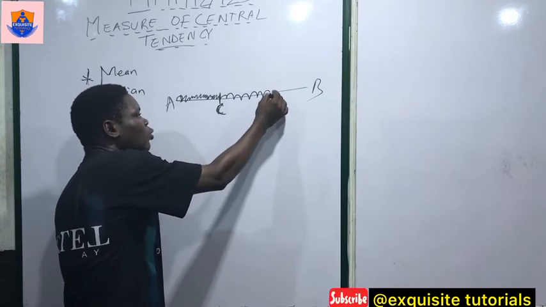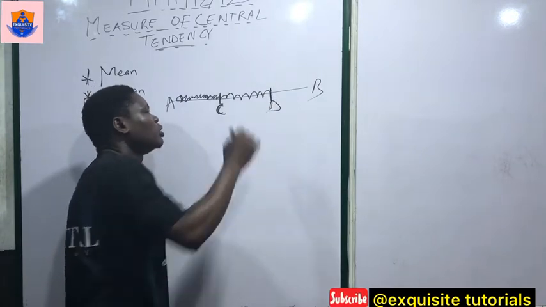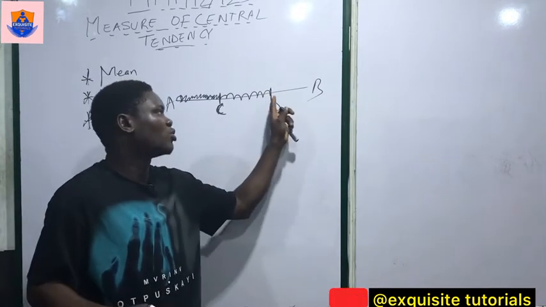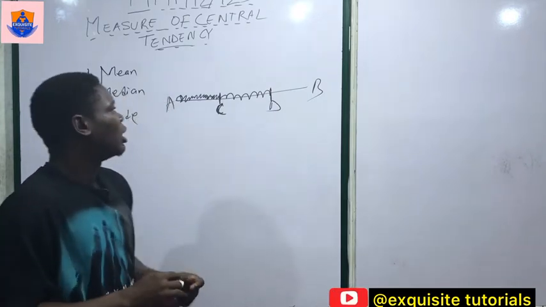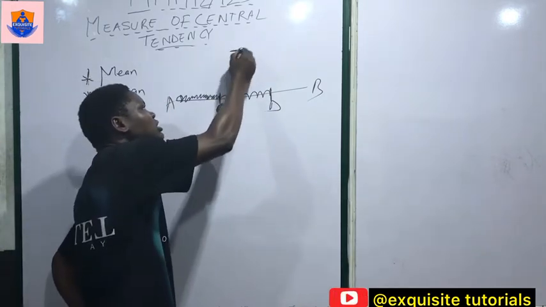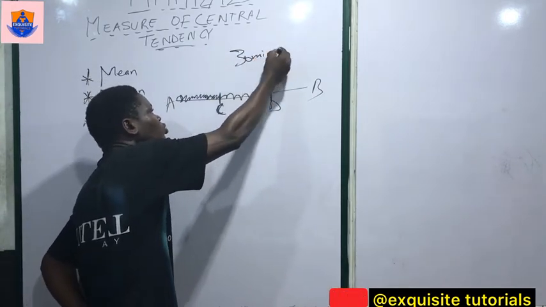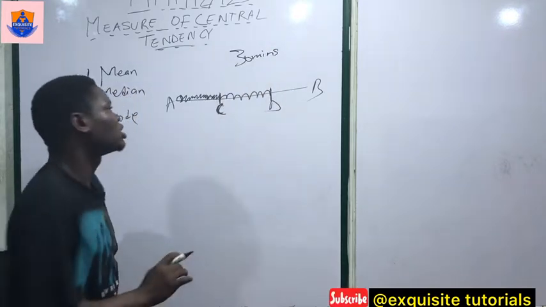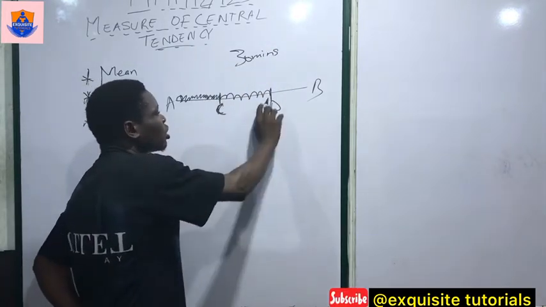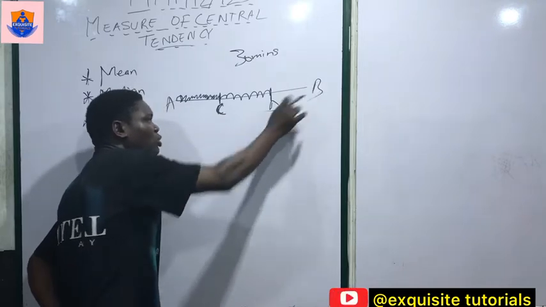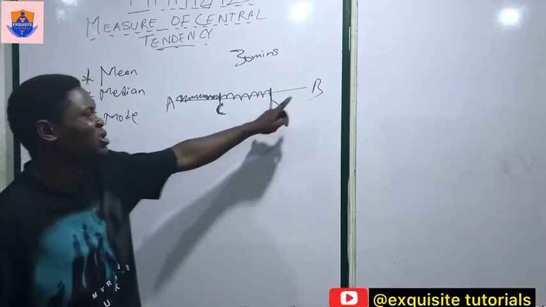And you jogged to point D. Then you got tired and started just walking from D to B. And it took you 30 minutes to run, jog, and walk before you got to your destination.